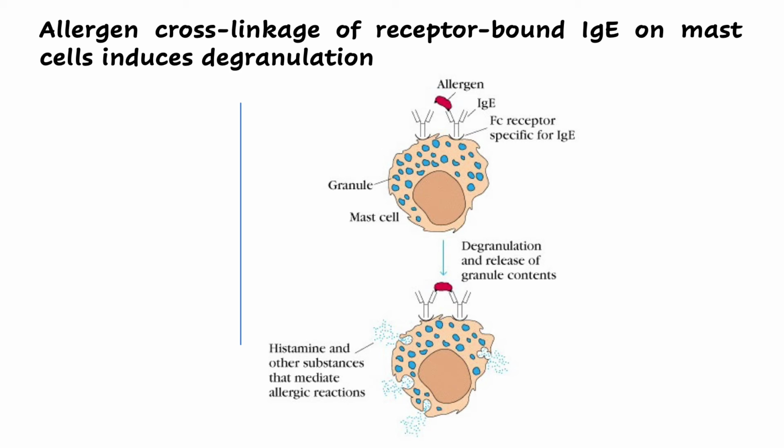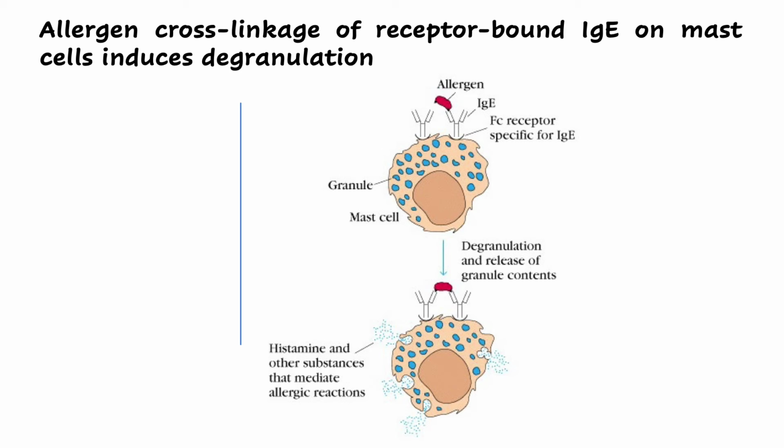So kita dapat lihat bagaimana the allergen reaction berlaku di sini, and also the IgE akan being produced in lots of numbers, manakala the FC ataupun fragment C of the particular antibody tadi receptor specific for IgE.